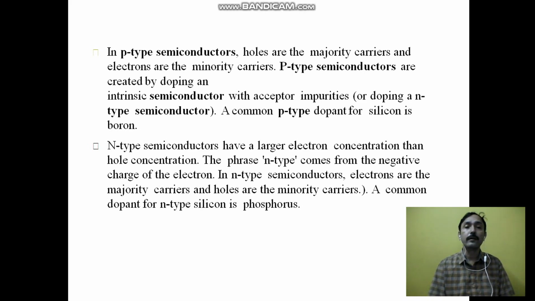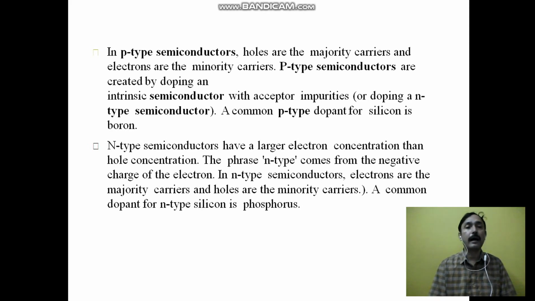If we dope trivalent aluminium into tetravalent silicon, there is a deficiency of an electron during pair production. A deficient electron means there is a hole. So holes are the majority carriers in p-type semiconductors and electrons are the minority carriers.